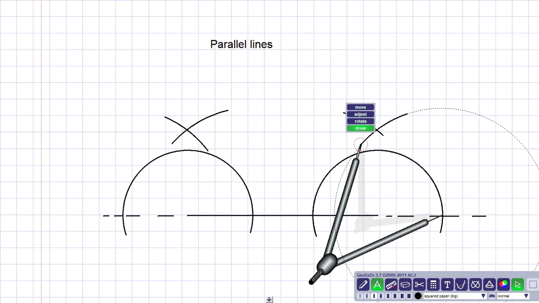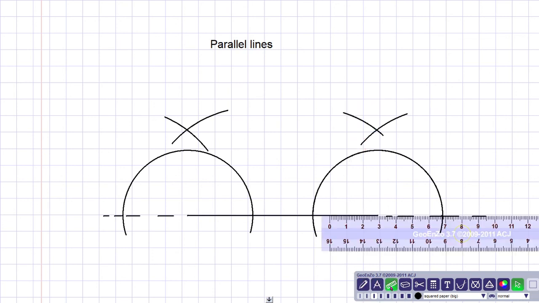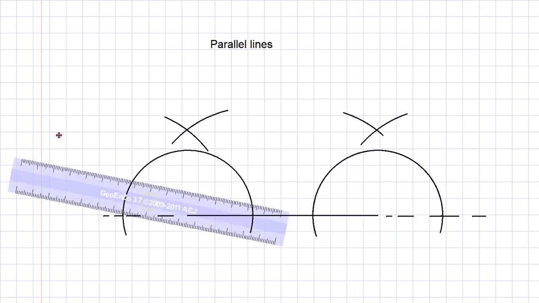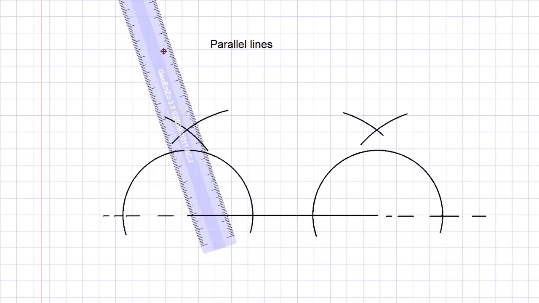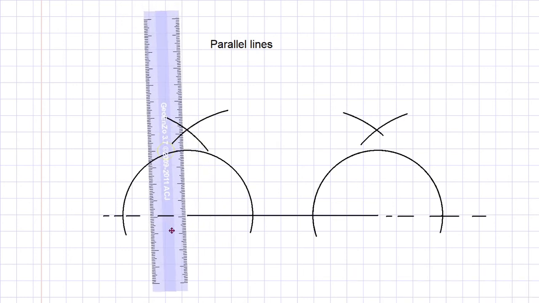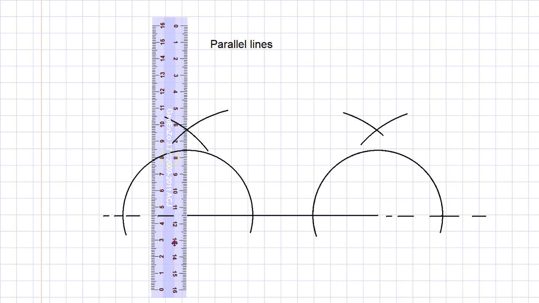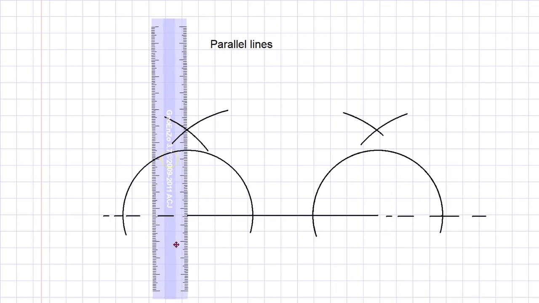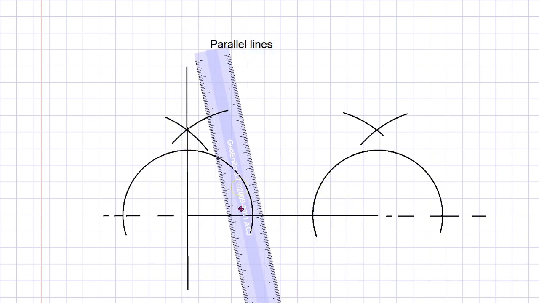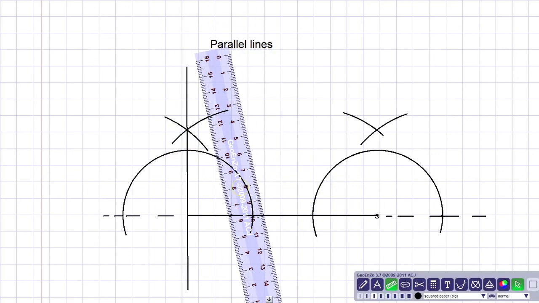Now take the ruler. Join this point and this point. Again take the ruler and join this vertex and this crossing point.